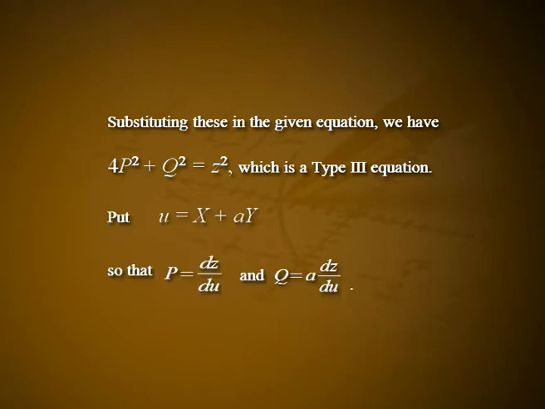Put u is equal to capital X plus a into capital Y, so that capital P is equal to dz by du and capital Q is equal to a into dz by du. Using these values of capital P and capital Q, we have (dz by du) whole square into (4 plus a square) is equal to z square. That is, square root of (a square plus 4) into dz by du is equal to z.